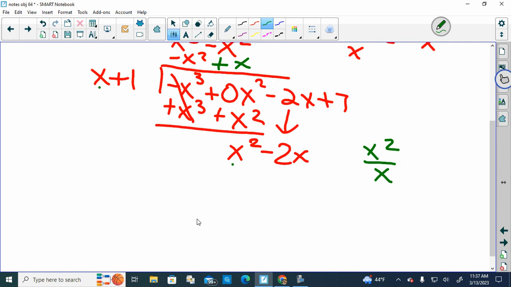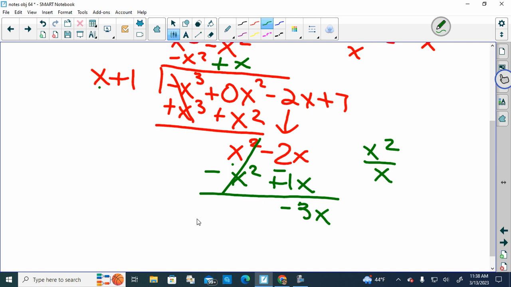So this goes to this, which gives me x to the second, and matches up. X times 1 is just going to be 1x, but then I've got to flip my signs. Switch, switch. Okay, that goes away. I have a negative 2 and a negative 1, so that gives me a negative 3x.